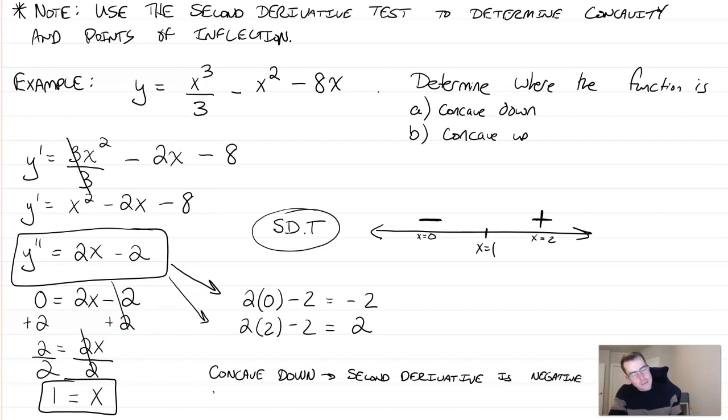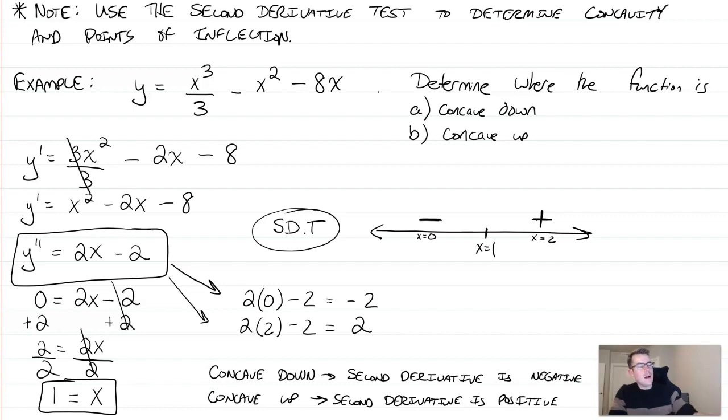And then you can probably guess that concave up is going to be where the second derivative is positive.